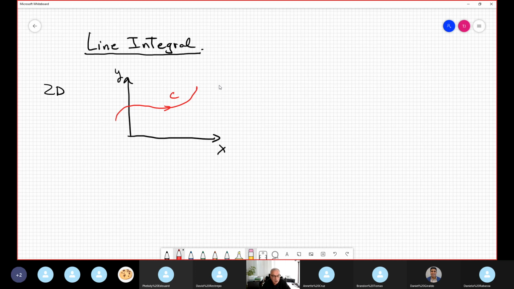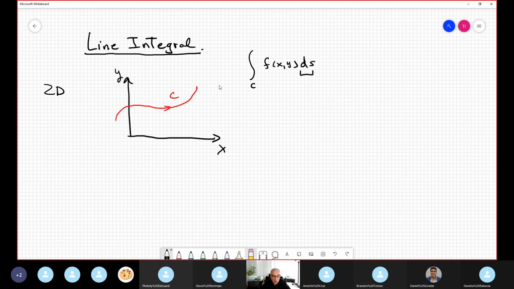So I need to define one integral. You need to be familiar with this new notation: the integral over the curve C of the function in 2D, ds. And who is ds?